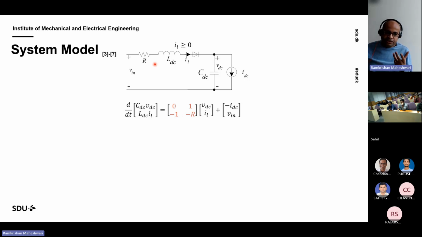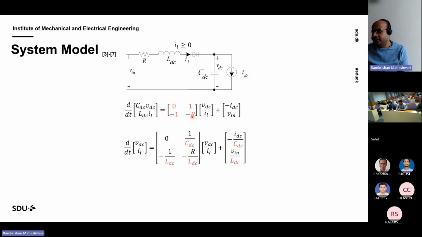And we know that if we add some resistance, it will be damped. So you have to focus on the element on the diagonal side with a negative sign. And a lot of people might be working on active damping, which I will discuss later, and how we can damp such a system. So the focus should be on this diagonal element.